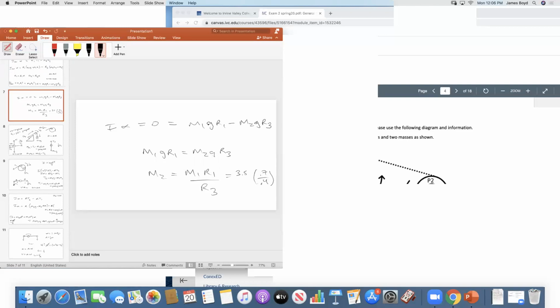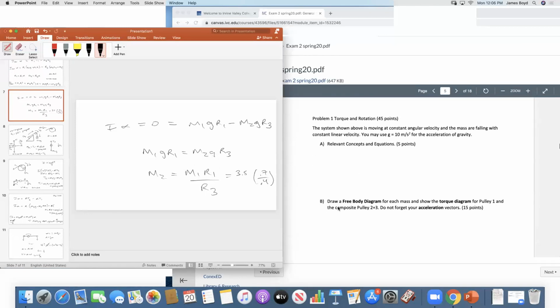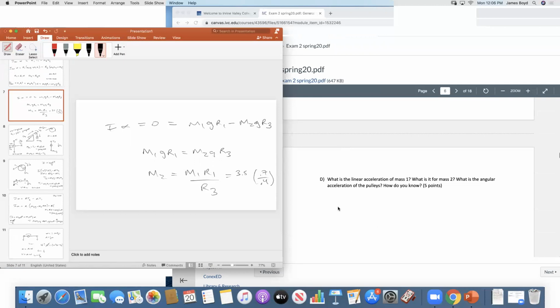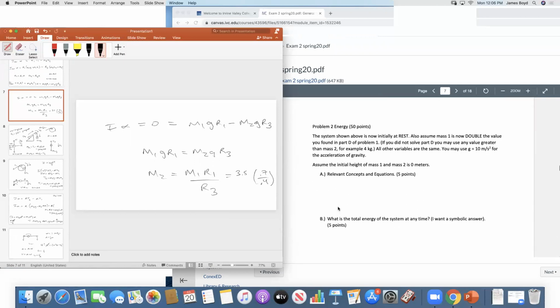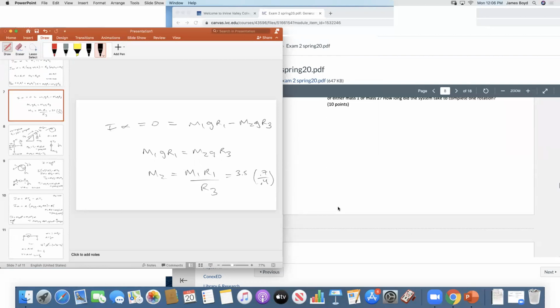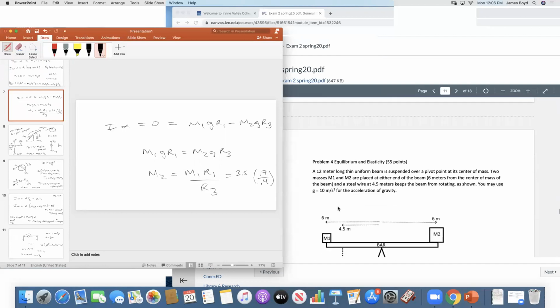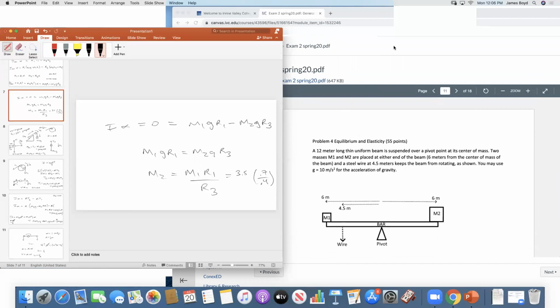So if we're cool with that, I'm going to move on to the second type of problem. This is really in homework 7, which I put up a video solution to. This is really the most important type of equilibrium problem.